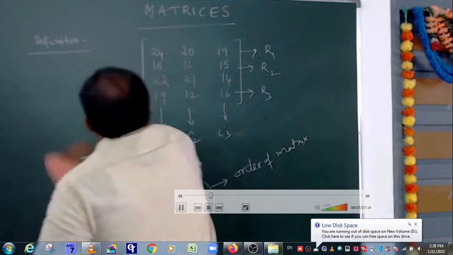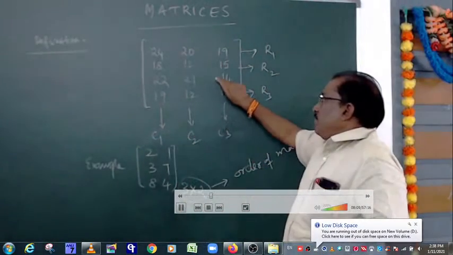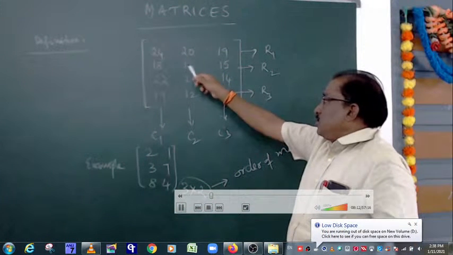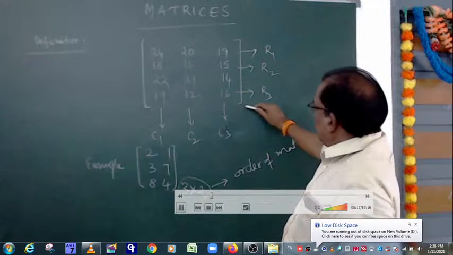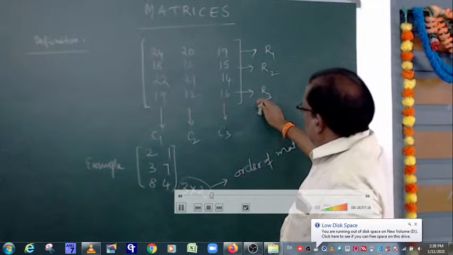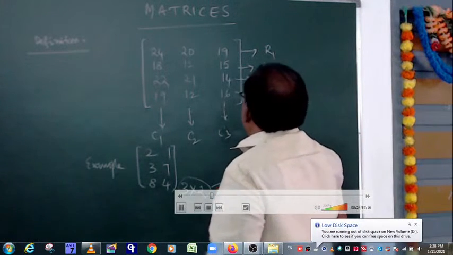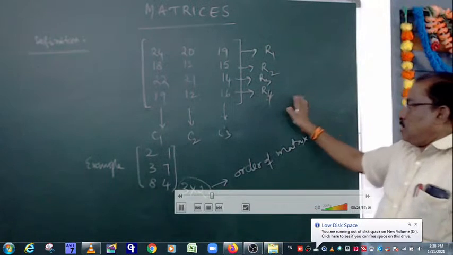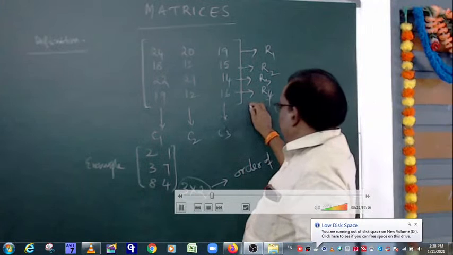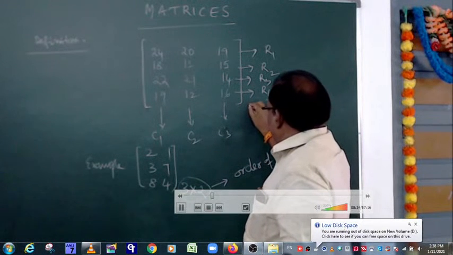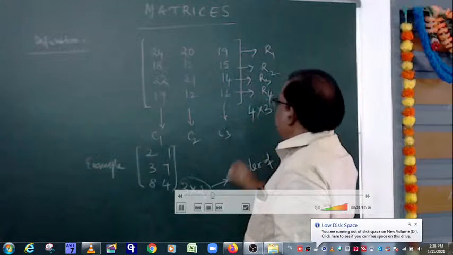Here we arrange an array of numbers. This has 4 rows and 3 columns. First write the number of rows, that is 4, and next the number of columns, that is 3.